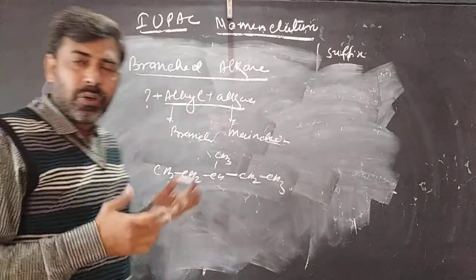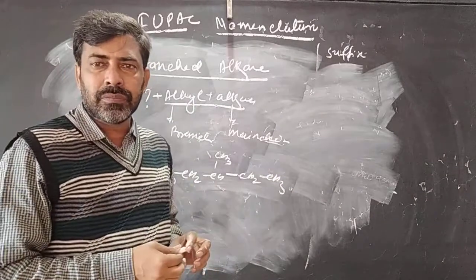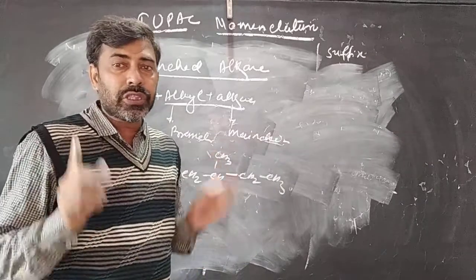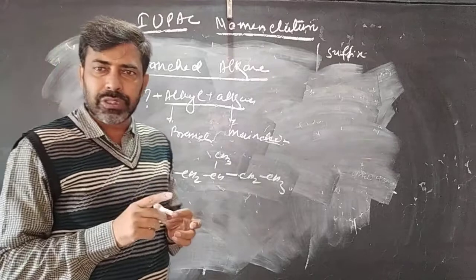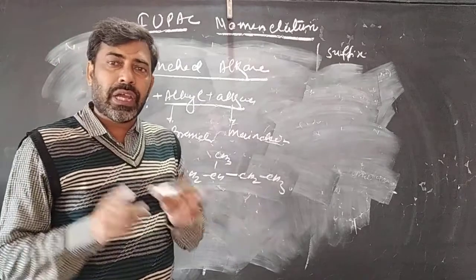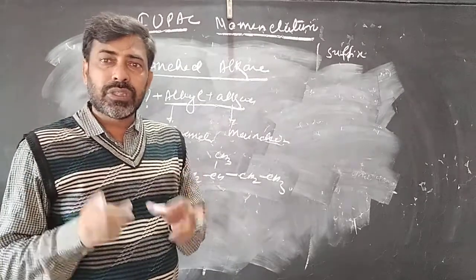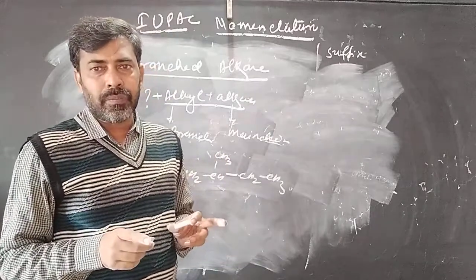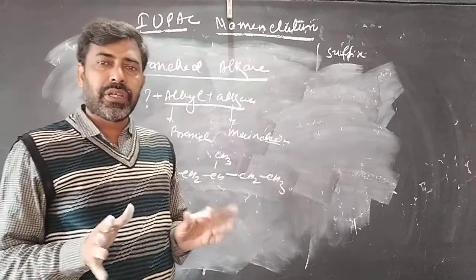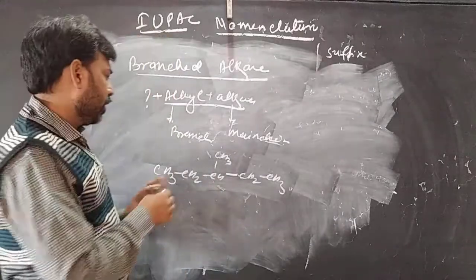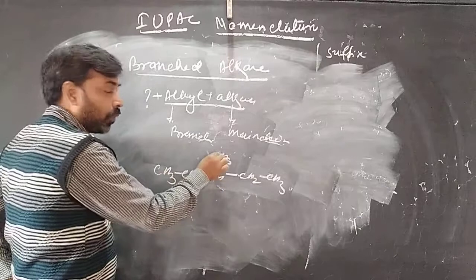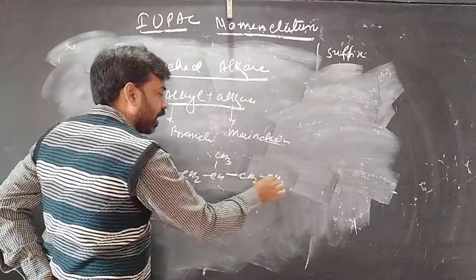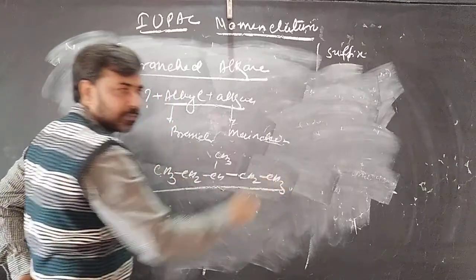First of all, which chain will be the main chain? The longest chain is considered as the main chain, but actually the main chain is the one which is the longest, having the maximum number of functional groups. Here this chain is 1 2 3 4, 1 2 3 4 and 1 2 3 4 5. So this is the longest chain.